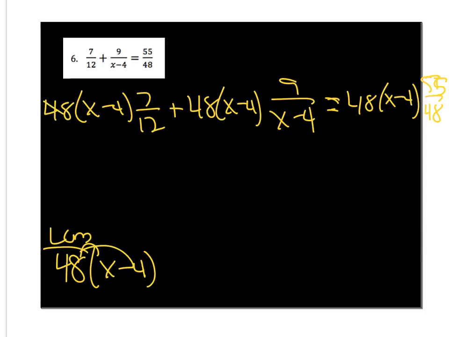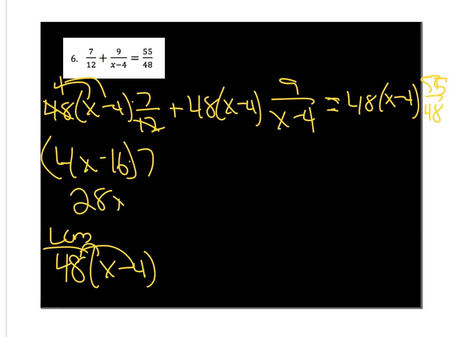So now let's see what I can do here. 48 over 12 is 4. So I get 4 times x minus 4 times 7. So I get 4x minus 16 times 7. So that'll be 28x minus 112. Over here, boom, boom, x minus 4 cancels out. 9 times 48 is going to be 432.